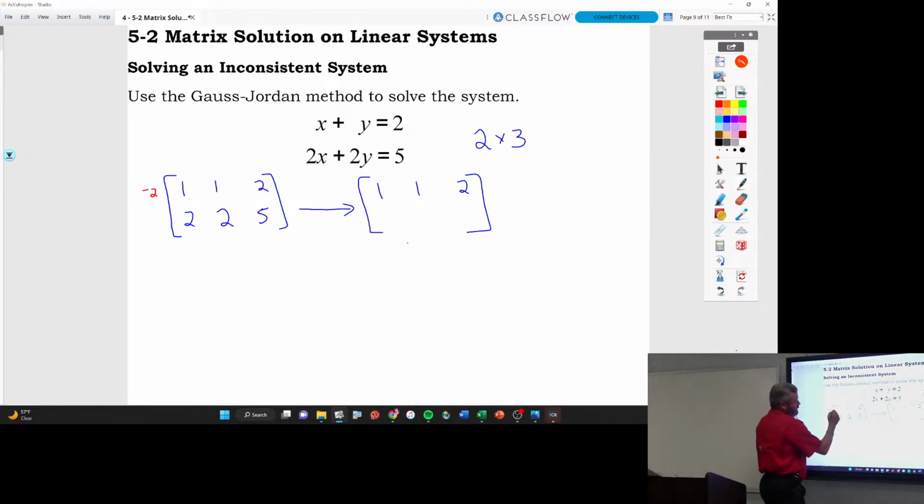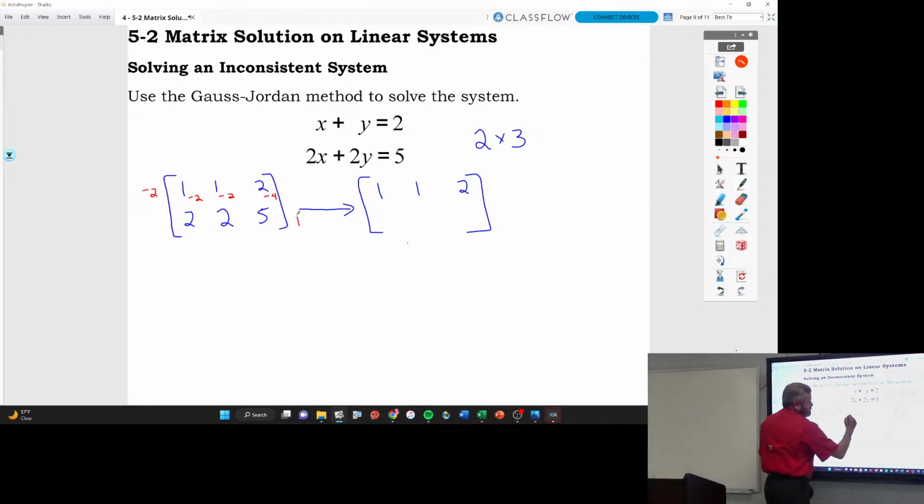Doing so, negative 2 times 1 is negative 2. Negative 2 times 1 is negative 2. Negative 2 times 2 is negative 4. Okay. So I'm going to replace row 2 by taking row 2 and subtracting 2 row 1s from it.